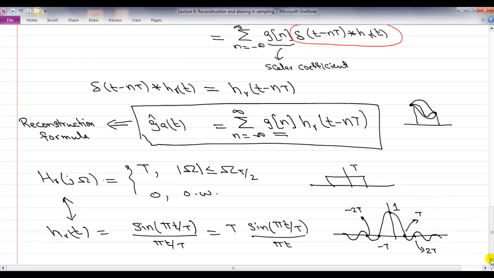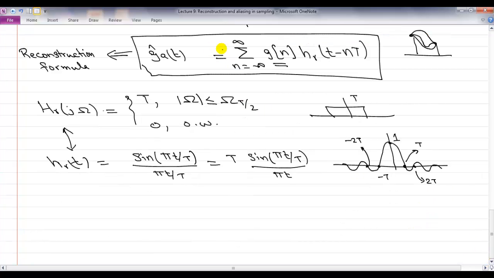Okay? So if I use this boxed formula, I am guaranteed that g hat of t equals ga of t if I use a low-pass filter, which means that instead of hr, I use this sinc function.